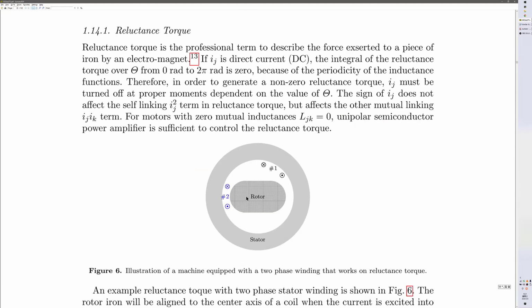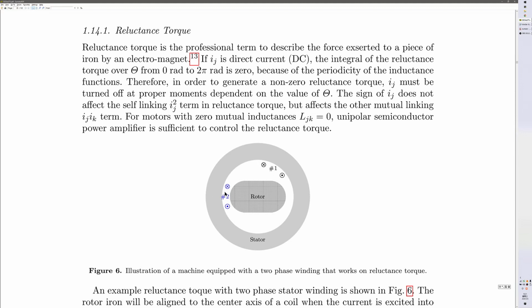So here is an example of reluctance torque. We have only stator coils number 1 and number 2 here. The rotor has no PM on it. It is made of a piece of iron, which is very straightforward. If we excite current into circuit number 2, this iron core will be aligned with the axis of this coil.